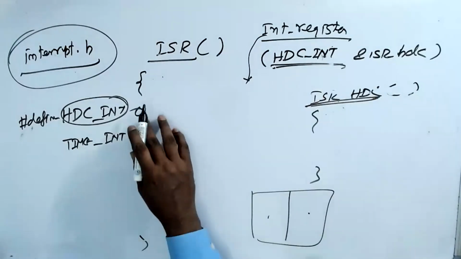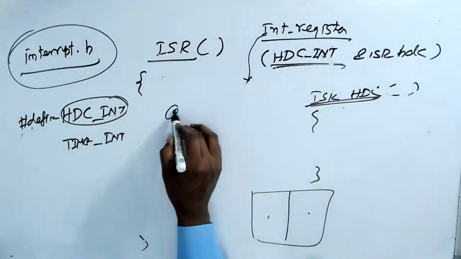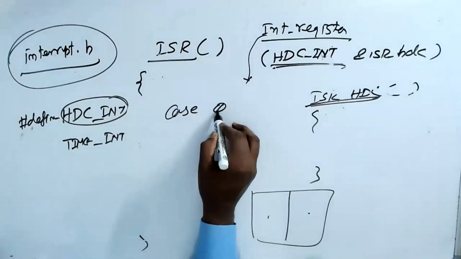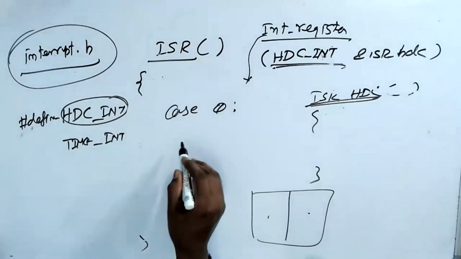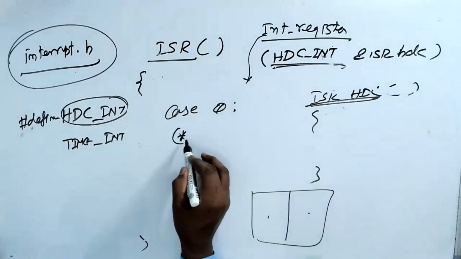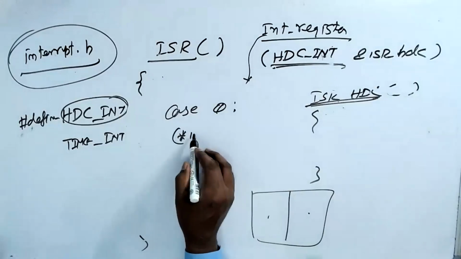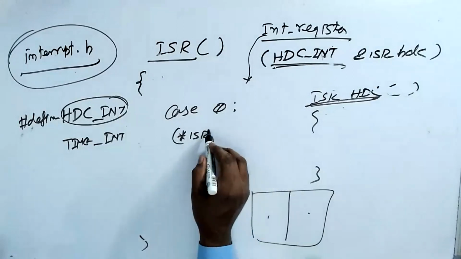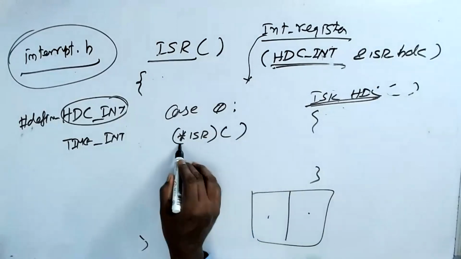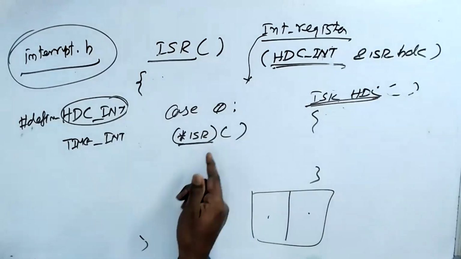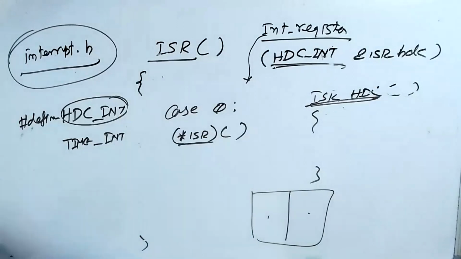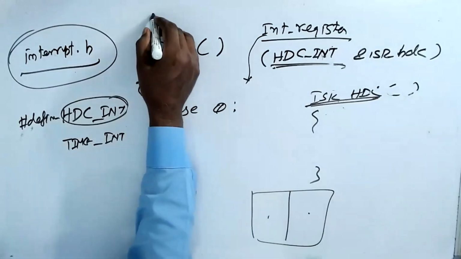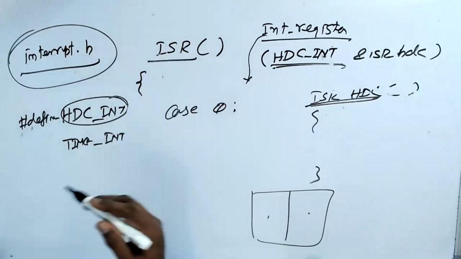Now, when I say case 0, it will have a function called star ISR. Am I right? There's a function. Now you say here, I defined a function called star ISR something.